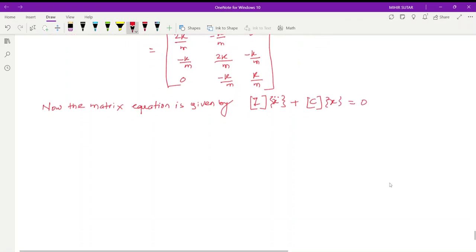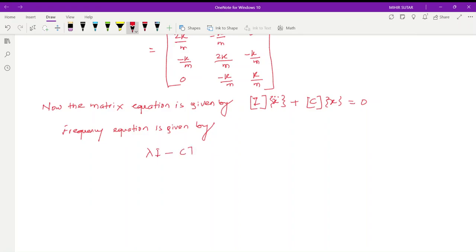So the frequency is given by (lambda I minus C) into lambda equal to 0.